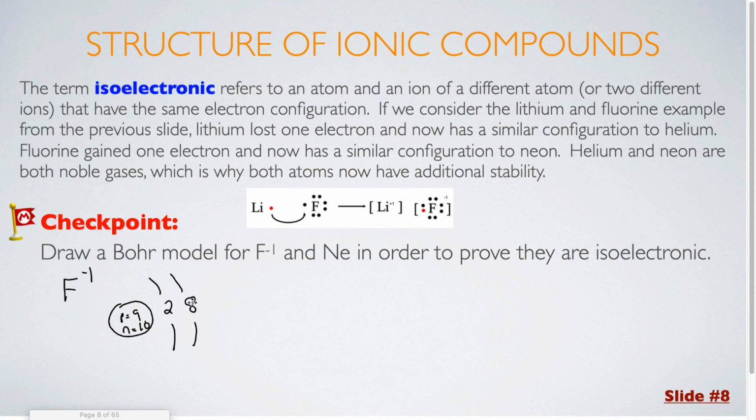That's going to fill into the final shell. For our neon atom, we are starting with 10 protons, 10 neutrons, and 10 electrons, which will fit into the first 2 shells as well. So since these have the same exact number of electrons in the same shells, we can say that they are isoelectronic.